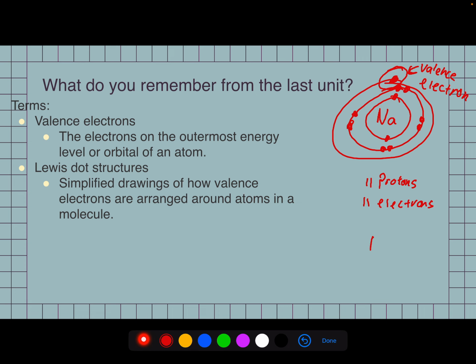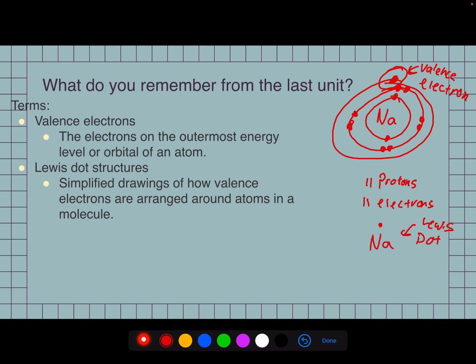If we do Na, which is our element symbol, and then just draw how many valence electrons it has, so 1, just like that, this here, that is your Lewis dot. It's just your element symbol and then how many valence electrons it has. Okay. And remember that your valence electrons is the group number. The group number that's above the whole entire column on your periodic table.